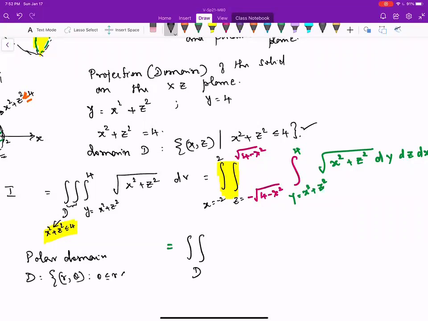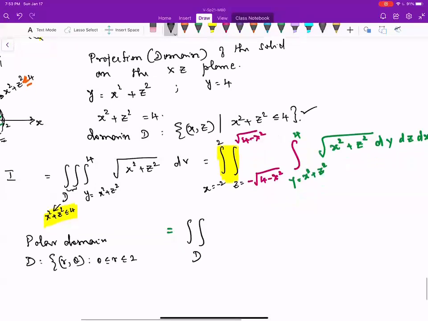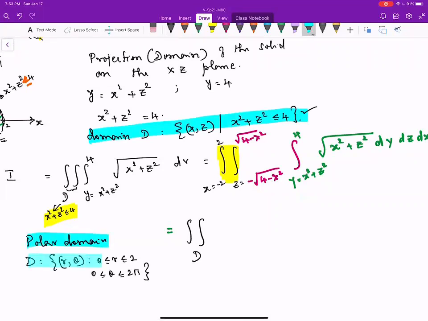R runs from 0 to 2, the radius of the circle is 2, and then theta runs from 0 to 2 pi. So this domain in parametric form is converted to polar like this. That is what we are going to do for the first two. Then we will keep the other integral over y as is.